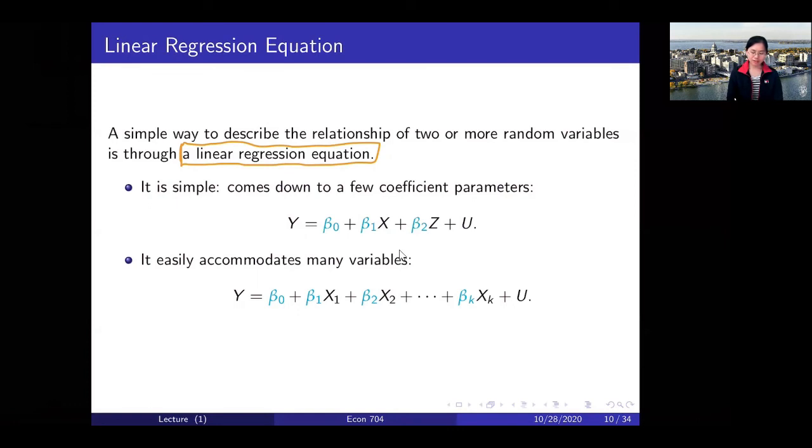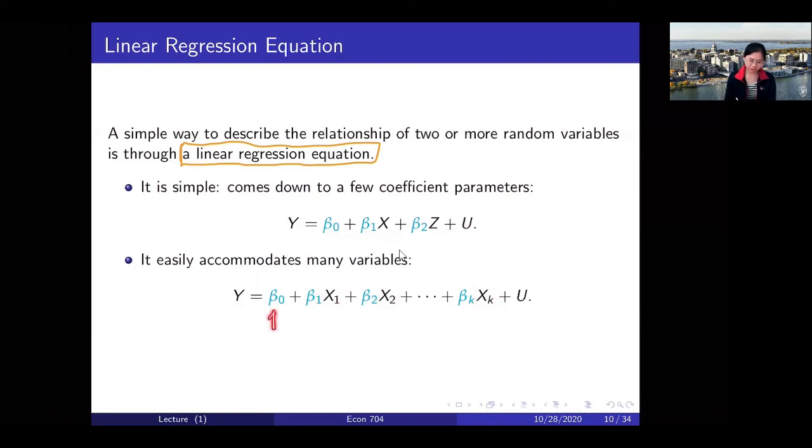And clearly, on the right-hand side, you're not limited to 1 or 2 random variables. You can add as many variables as you want. So it can easily accommodate many variables. On the right-hand side, you can have, say, k explanatory variables.